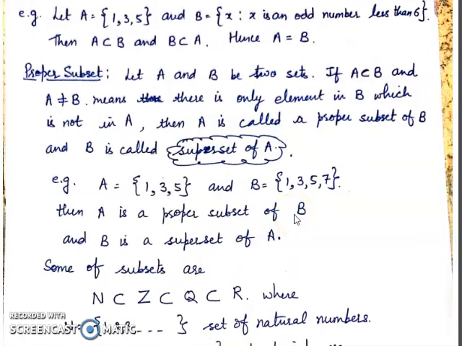Or in simple language, you can say the number of elements of A must be less than the number of elements of B. Then we say A is a proper subset of B and B is called a superset of A. I hope it is clear to you: if the number of elements of A is less than the number of elements of B, then it is proper.